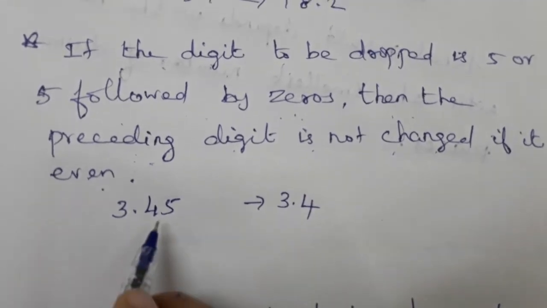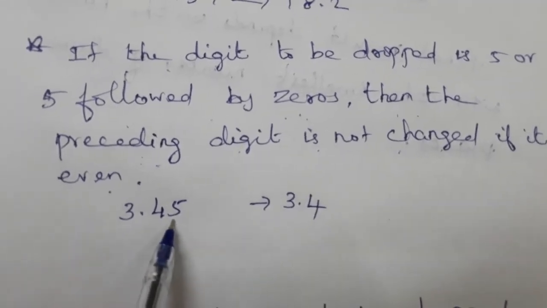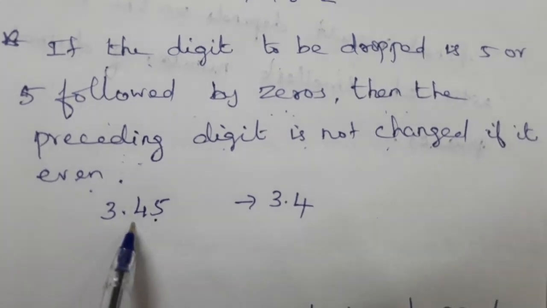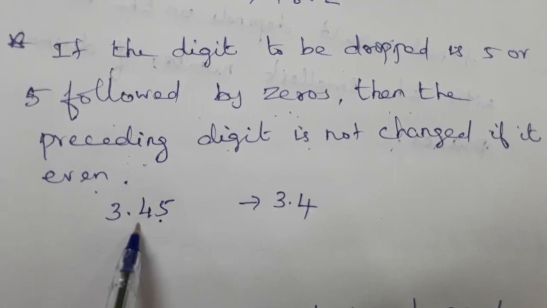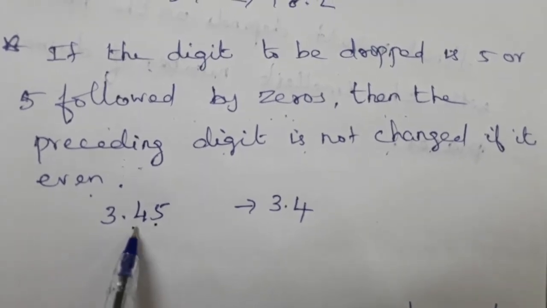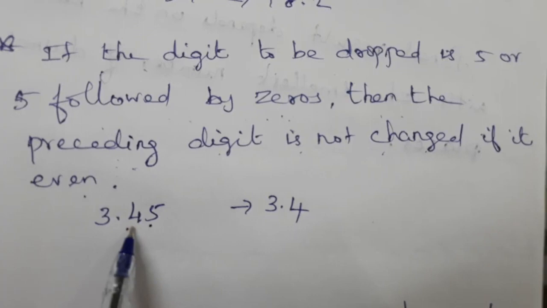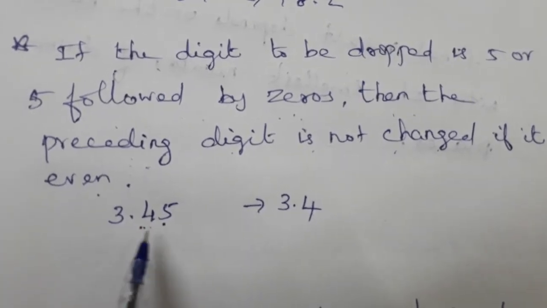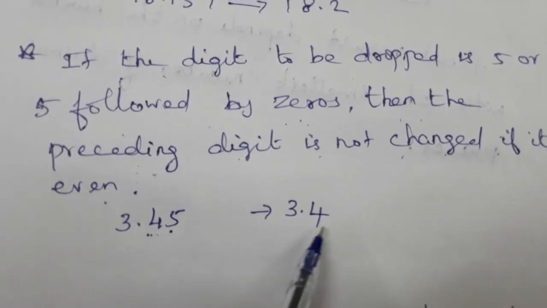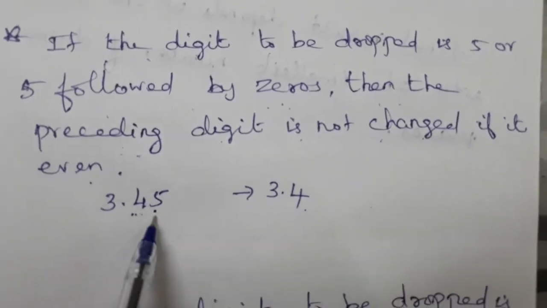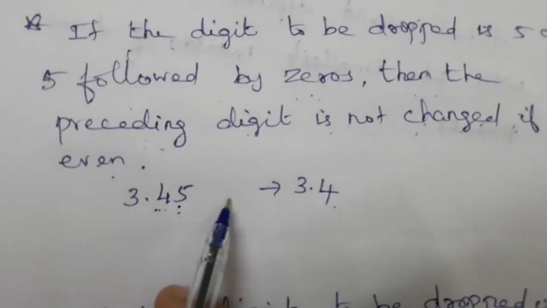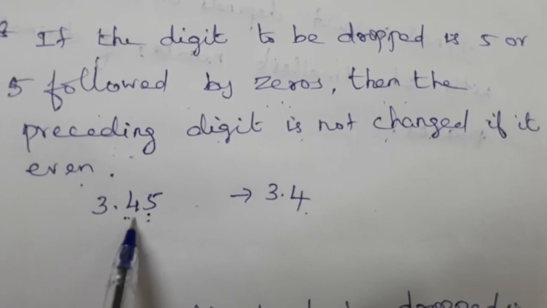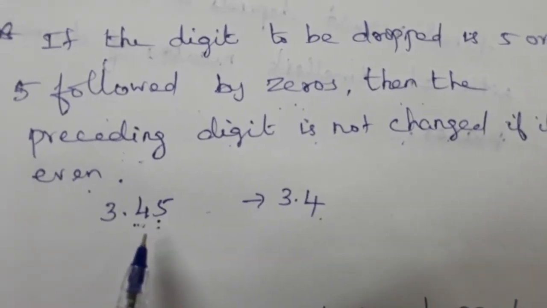Here the digit to be dropped is 5, and the preceding digit is even. So if it is even, it should not be increased by 1. As it is, we have to write. So 3.45 is rounded off to 3.4. That is, the digit to be dropped is 5 followed by zeros, then the preceding digit is not changed if it is even.